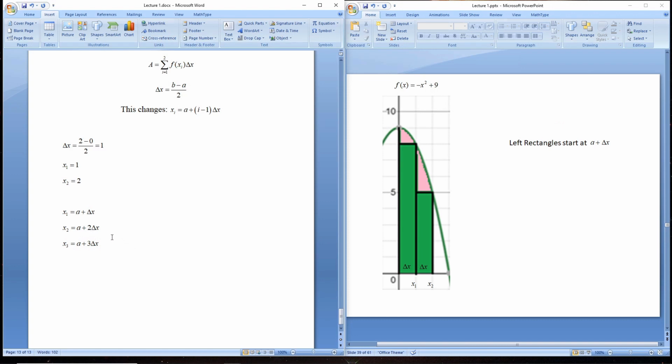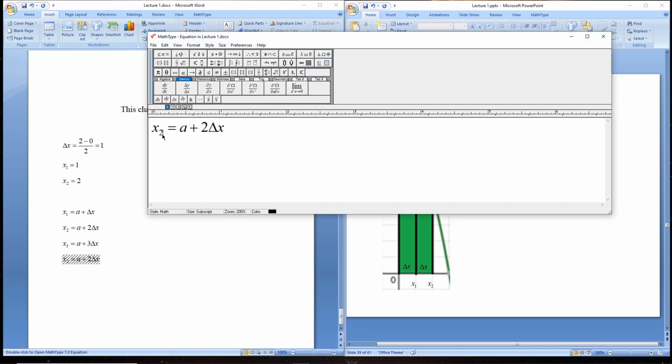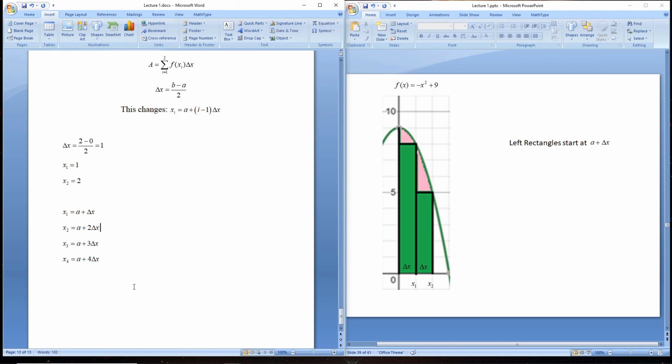And I don't know if you can see the pattern that's emerging here, but let me just write down what the fourth one would be. The fourth one would be a plus 4 delta x. So notice the pattern that's emerged here. When i equals 4, we're multiplying delta x by 4. When i is 3, it's 3 delta x. i is 2, we have 2 delta x. And when i is 1, we have 1 delta x.